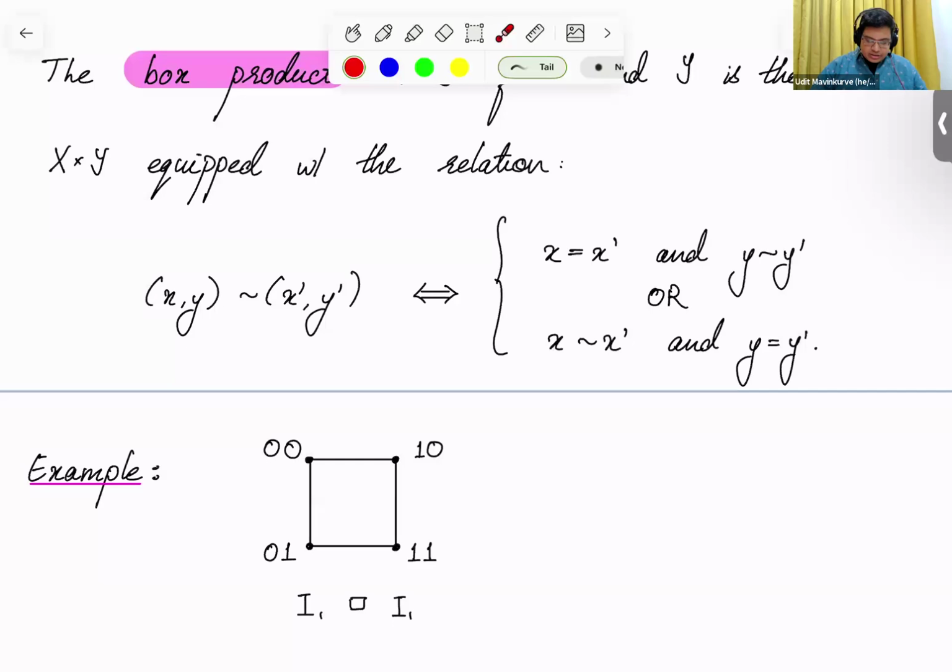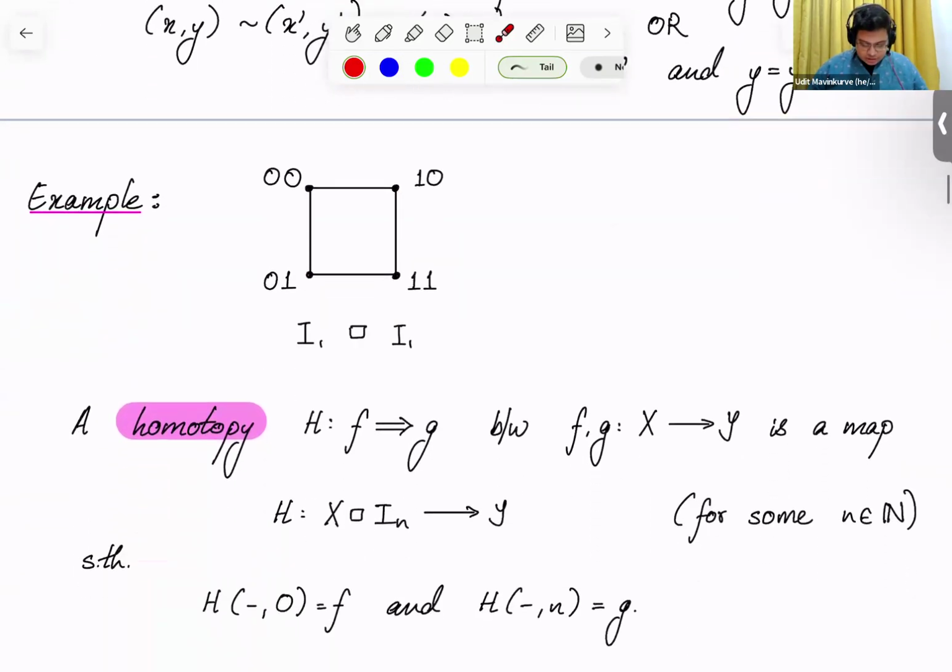Because we define the relation as being constant in one of the two coordinates, we're only going to get the outer edges, four edges. Whereas if you were taking the categorical product, you would also get the diagonals. So we're not going to work with the diagonals today. We're just going to work with this box product.